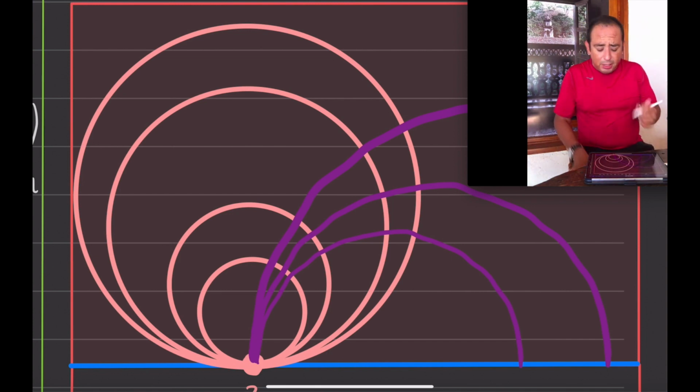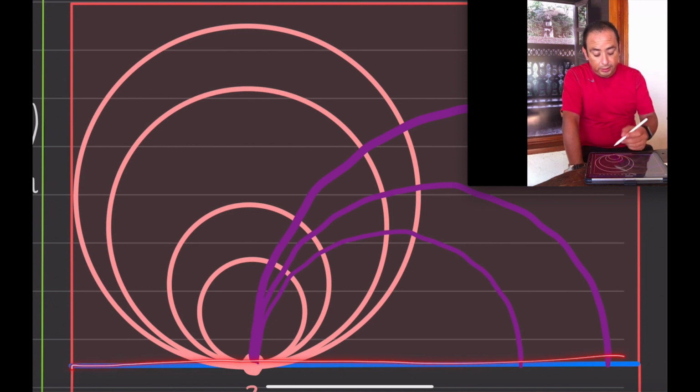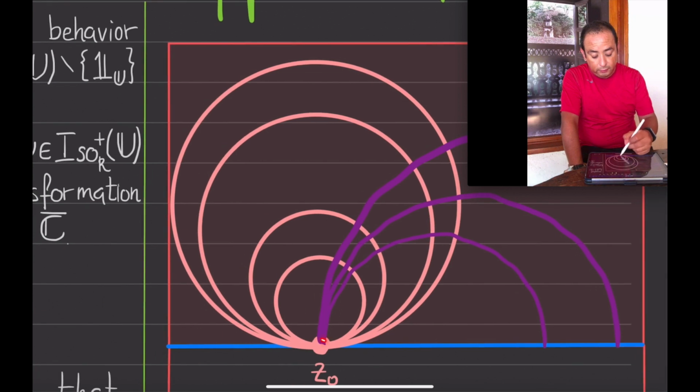Now, what do I mean by a horocycle? Well, precisely a circle in C bar, contained in U bar, so in the union of U with R bar, and tangent at some point to R bar. Just like here, the point of tangency is the fixed point of nu. Okay.